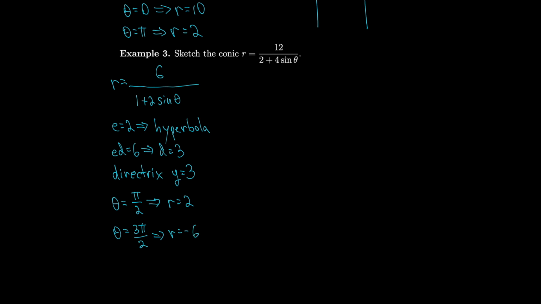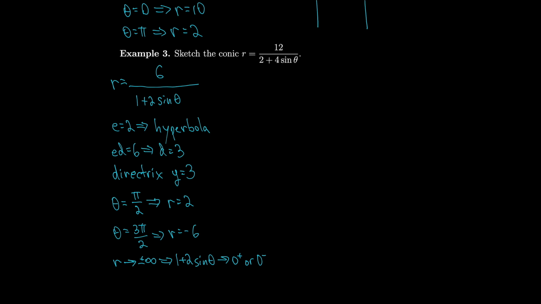Since this is a hyperbola, let's try to figure out what the asymptotes would be. So let's look at what happens to r as it goes to plus or minus infinity. Well, that will happen when the denominator goes to 0. So that means that we're looking for when 1 plus 2 sine theta goes to 0 from the right or from the left.